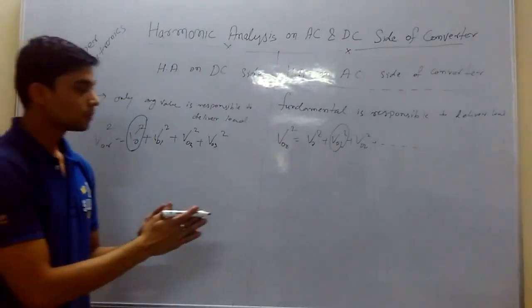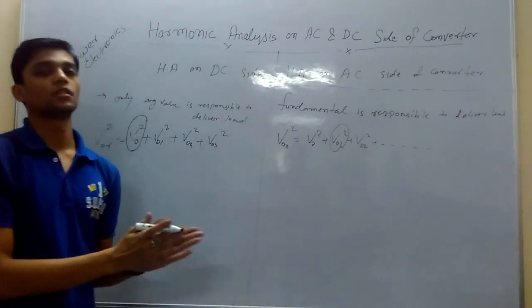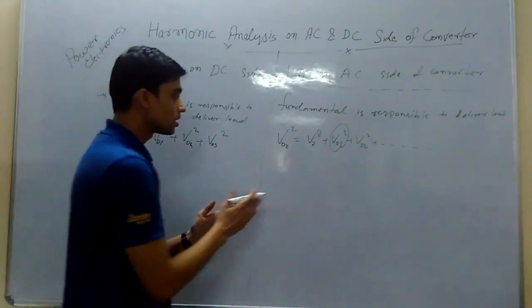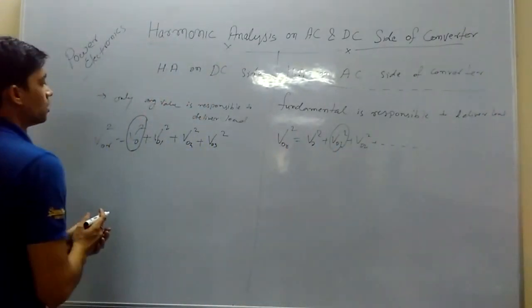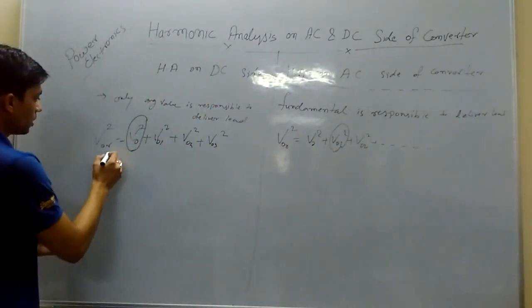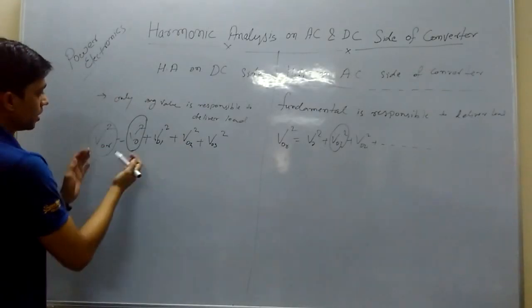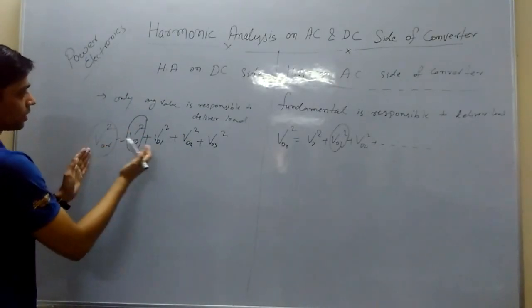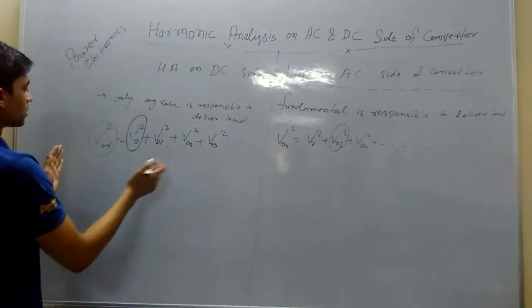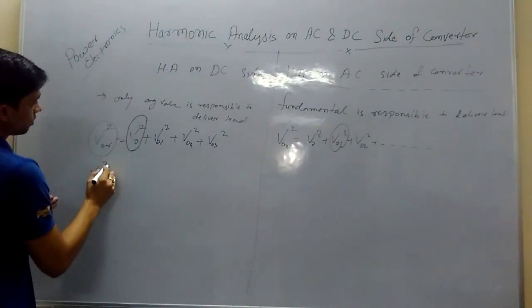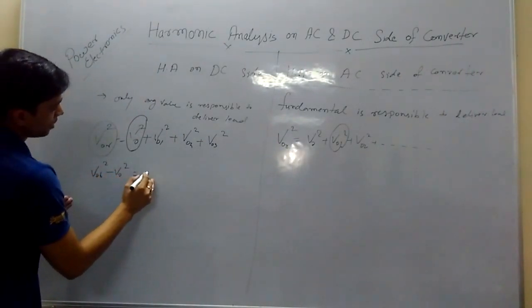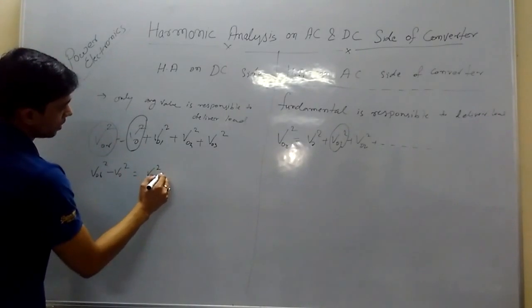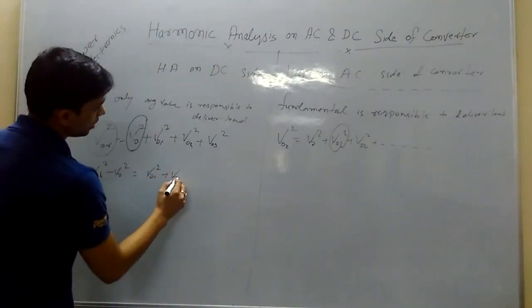So how do you come to know how much unnecessary thing is there in your waveform? The total is this much. If you subtract the average value, you will get the unnecessary thing. So VOR square minus V0 square will give the unwanted things on the DC side of the converter.